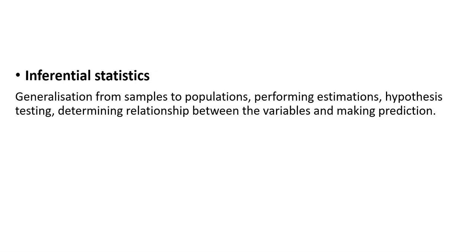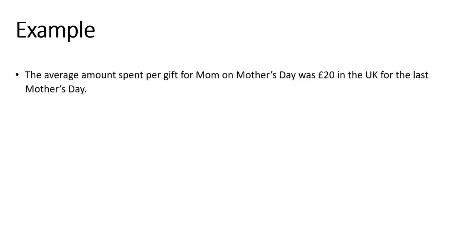Typically, the population is so large that it would be nearly impossible to obtain information about every item or person in it. Instead, we use selected people or items to collect information and then infer something about the population. Let's do some examples.